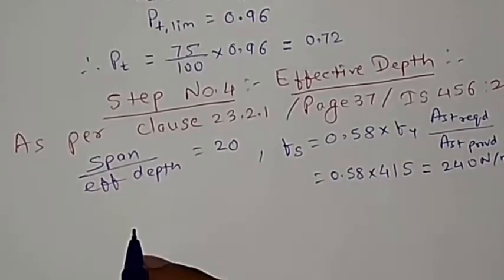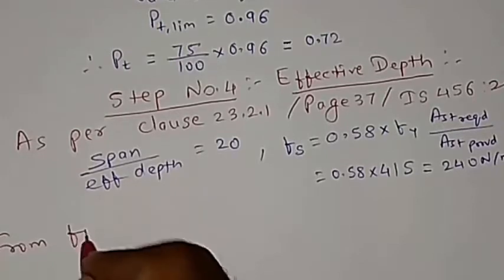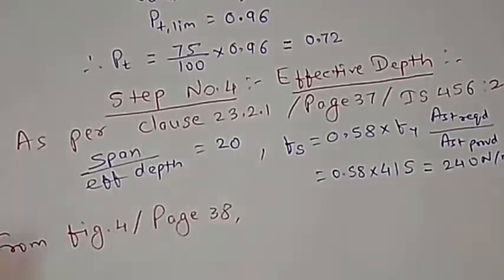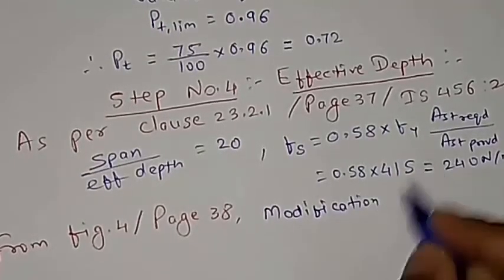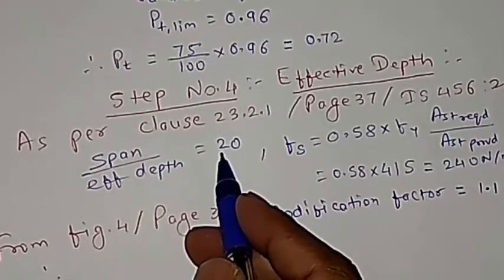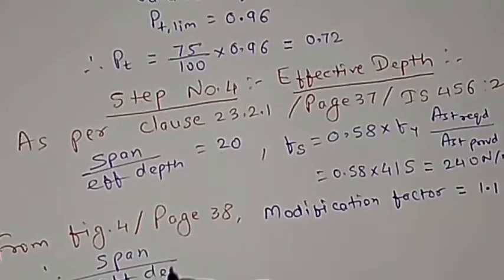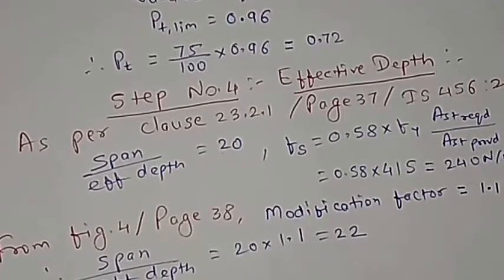So therefore I can just write down here, from figure number 4, page 38, modification factor is equal to 1.1, and therefore now we'll just multiply this span by effective depth. 20 multiplied by 1.1, so span by effective depth is equal to 20 into 1.1, which is equal to 22.